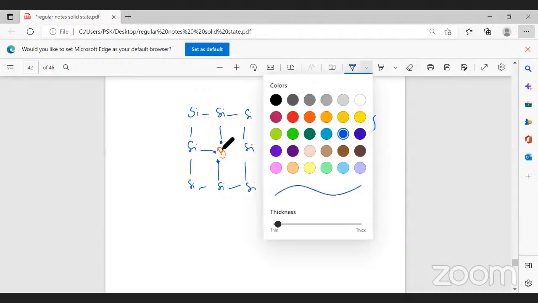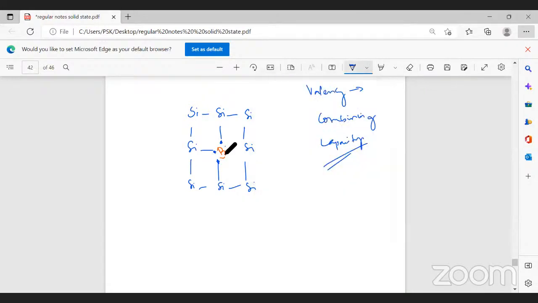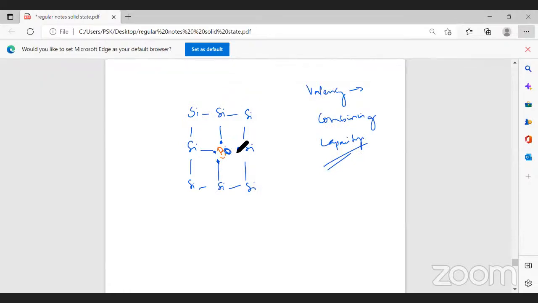You can see here, 4th bond is not possible. This silicon has 1 electron. Here there is a hole created. Now, if this electron moves here, there will be a hole created here. Like that, movement of electrons and holes will be happening in the crystal. Due to that, they will start conducting electricity. Now, because this is electron deficient, we call it p-type semiconductor, positive type semiconductor. Did you understand? Yes, sir.